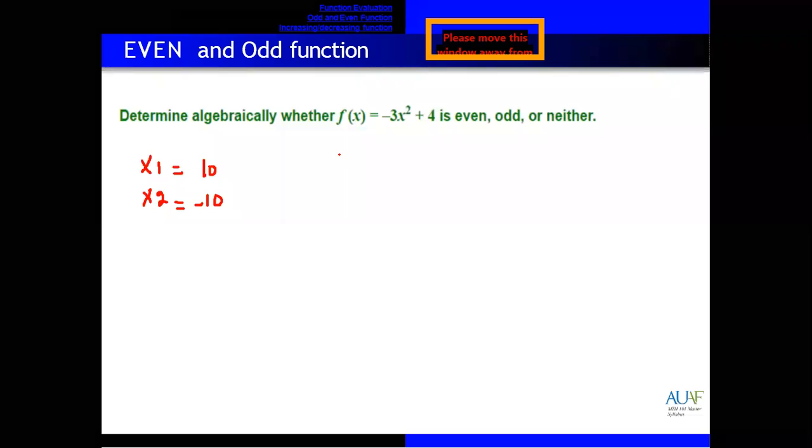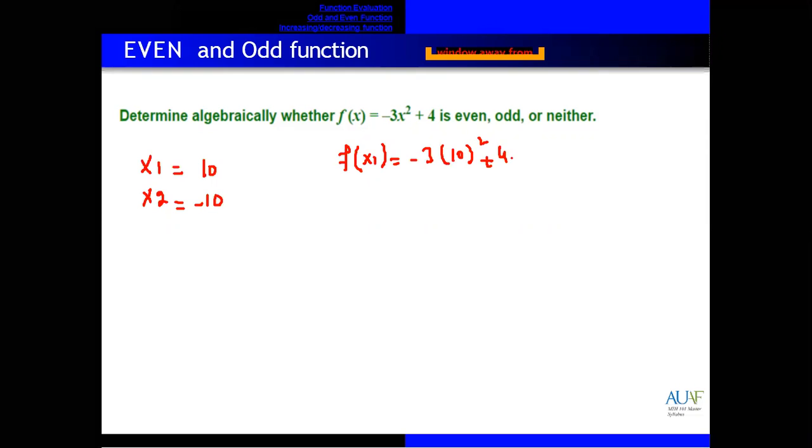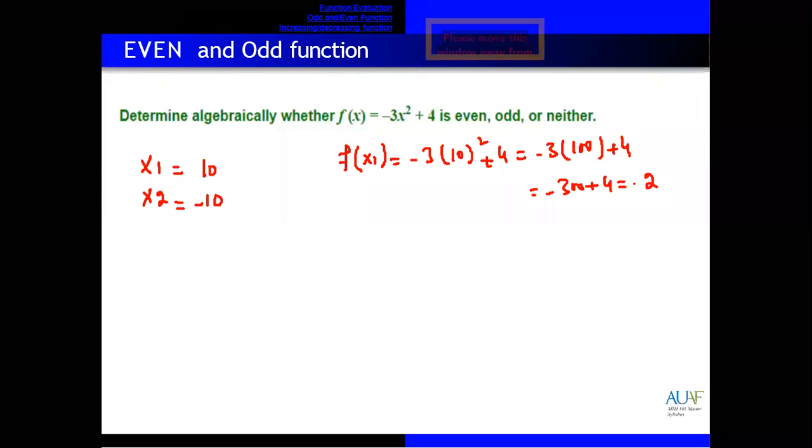First of all, f of x1, where x1 is 10, so we have minus 3 into 10 square plus 4. 10 square is 100, so minus 300 plus 4 equal to minus 296.